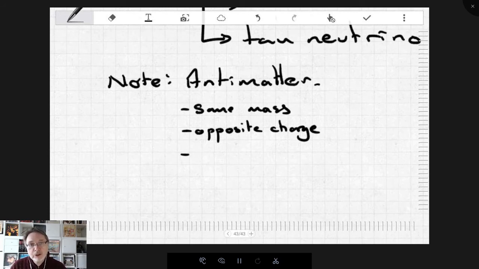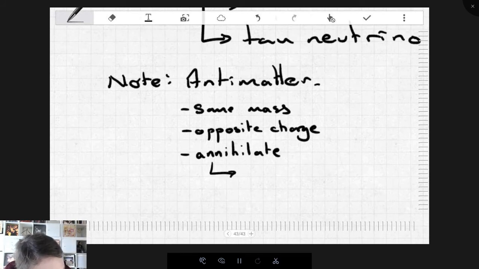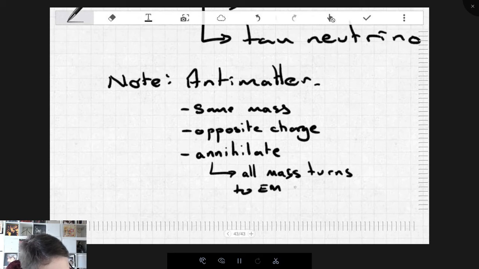It's got to be a proton meeting an antiproton. So they annihilate. Annihilate means all the mass turns to electromagnetic energy. And it uses the formula E equals mc squared.